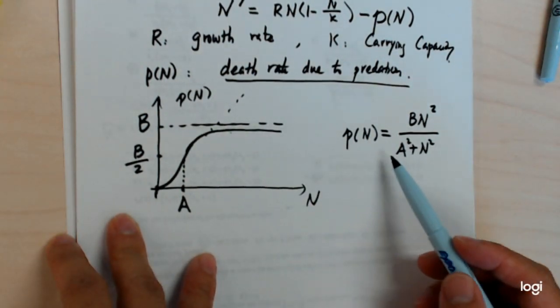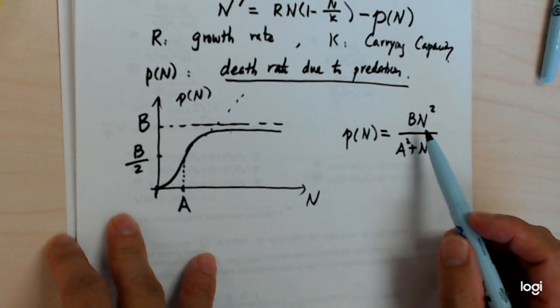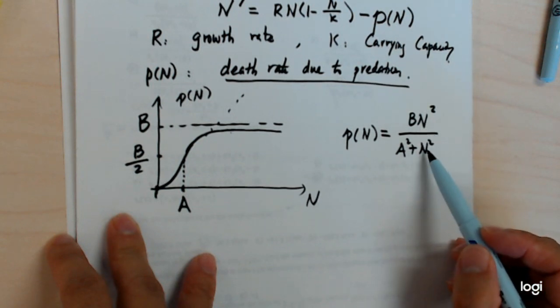For this function here, you can easily figure out what happens when n goes to infinity.